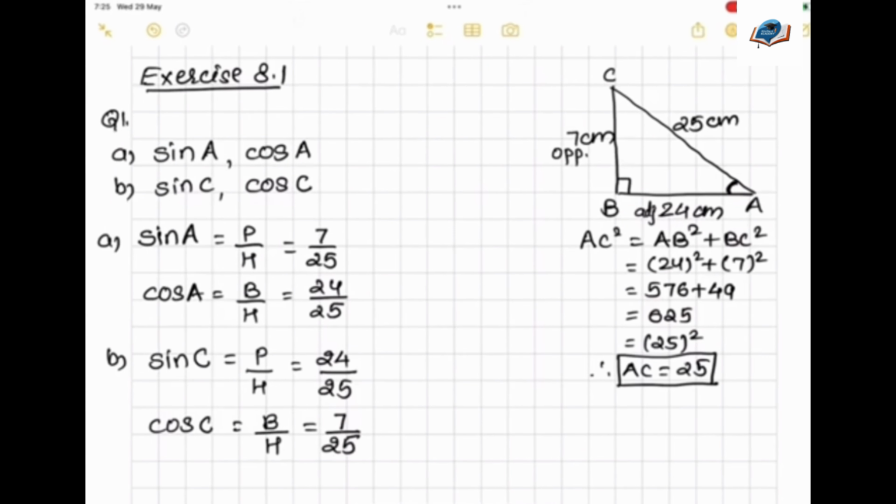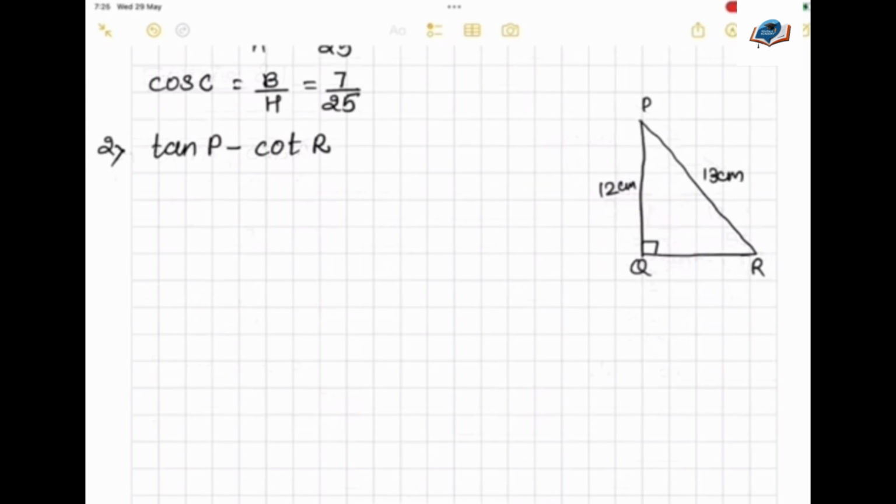Now question 2 says find tan P minus cot R. I am given two sides, that is hypotenuse and perpendicular, the base is not given. So again I have to use the Pythagoras theorem to get the base first.